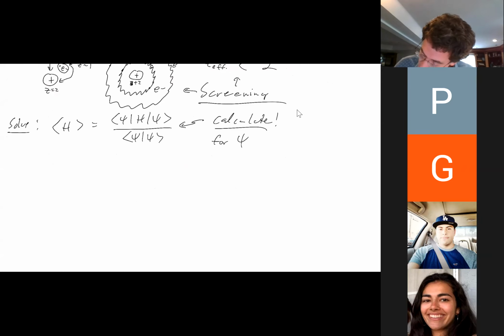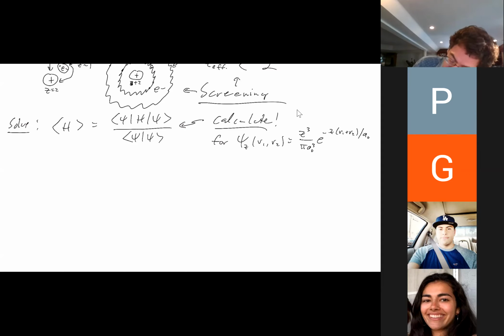Psi of r1, r2 is equal to Z cubed over pi a naught cubed, e to the negative Z (r1 plus r2) over a naught. Okay, and so this is going to be a function of Z.